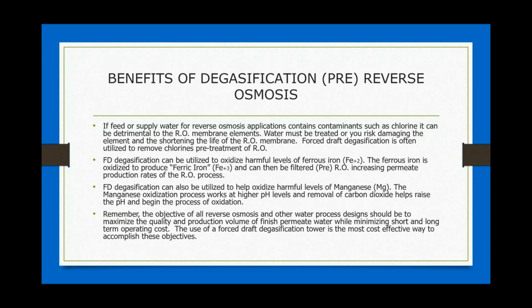And I think that's one of the key factors in good design: there's a lot of ways to do reverse osmosis, a lot of ways to manufacture process equipment, but the key is to design it at the lowest operating cost for the highest quality water. So the use of a forced draft degasification tower is the most cost-effective way to accomplish these objectives. There's other ways to do degasification, as we mentioned earlier in the presentation, but it's about cost and operating cost.